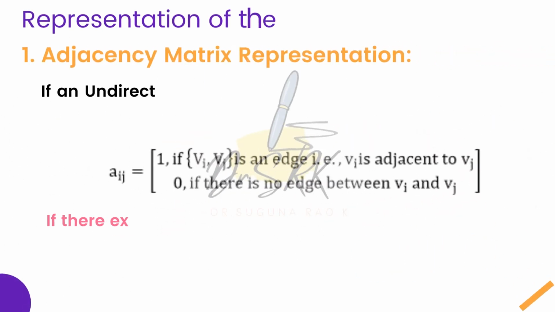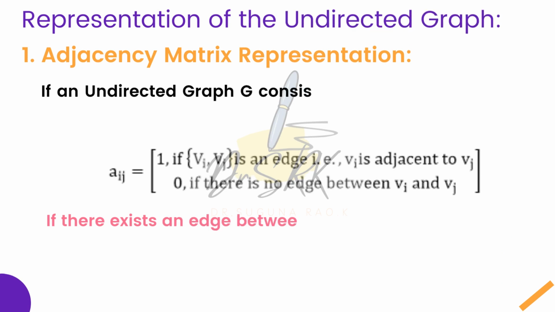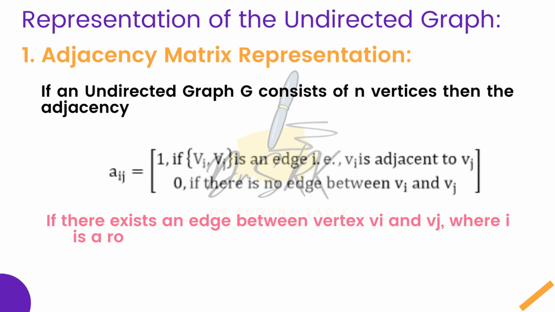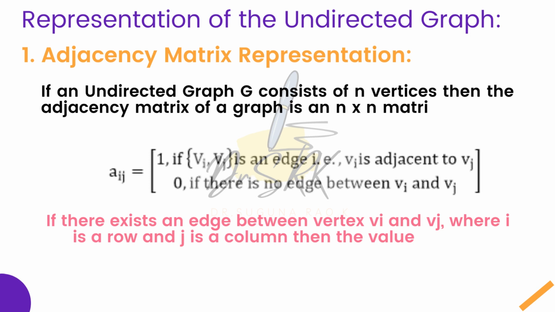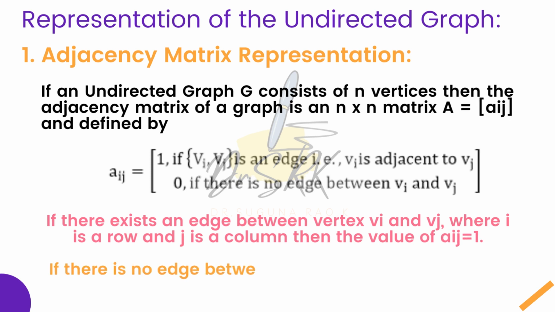Now, coming to representation of an undirected graph, the first way is adjacency matrix representation. What is adjacency matrix representation? In an undirected graph G, it consists of n vertices. Then its adjacency matrix of a given graph is an n by n matrix.